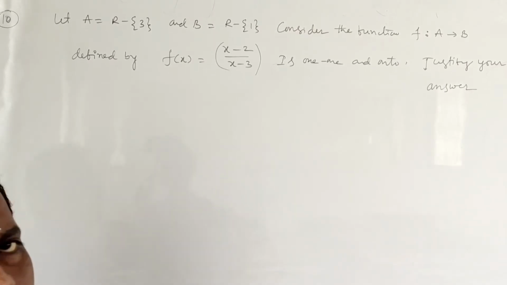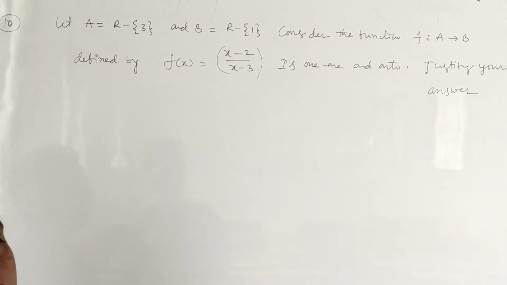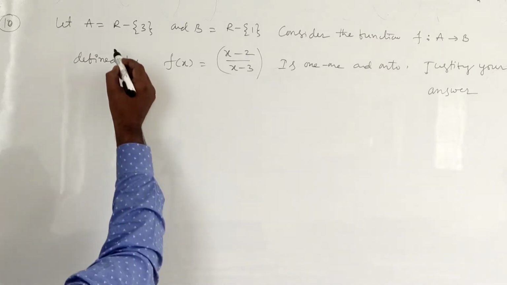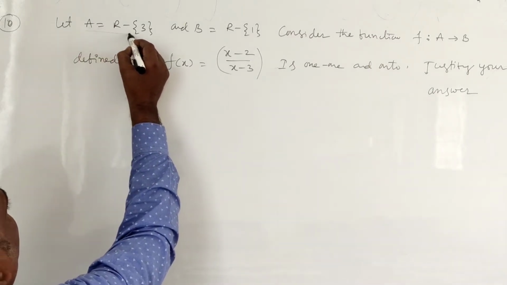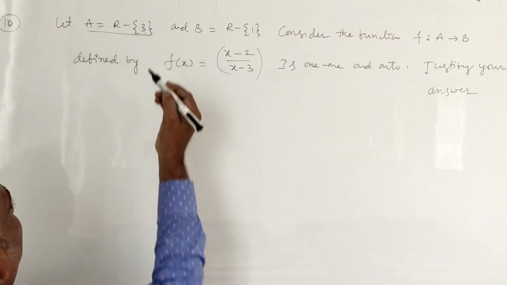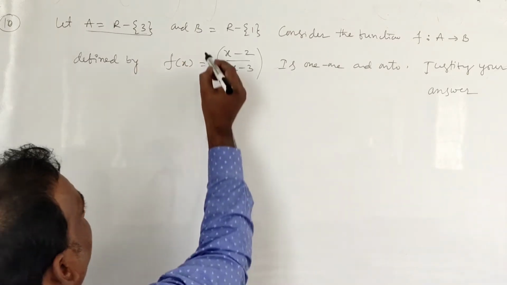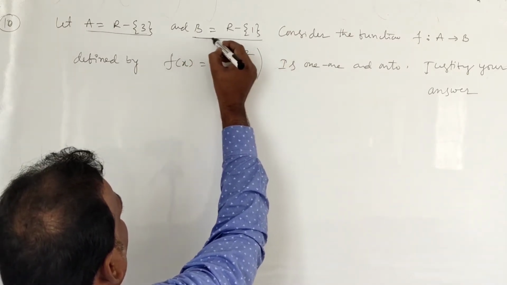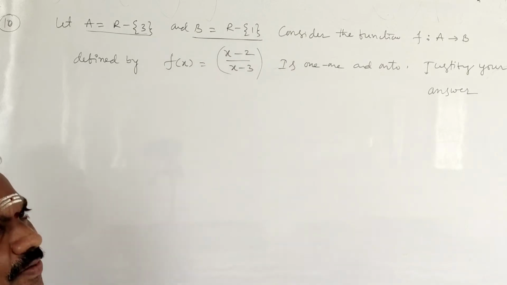Students, next problem in the exercise 1.2, 10th problem. Let A is equal to R minus the set of 3 and B is equal to R minus the set of 1. What does it mean? So set A is all real numbers except 3. Set B is all real numbers except 1. Why are they giving like that?